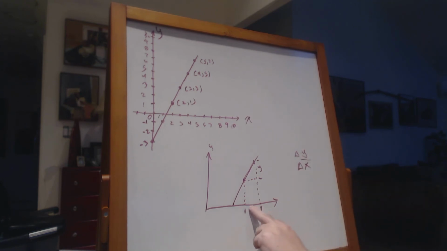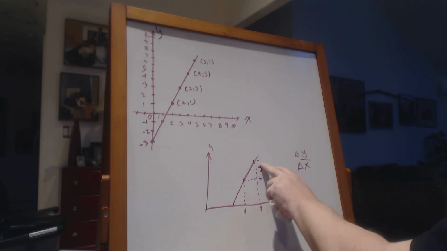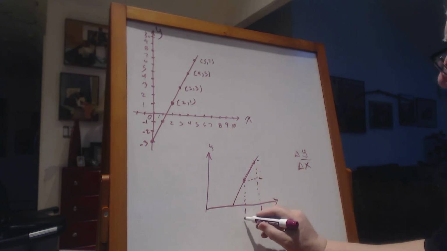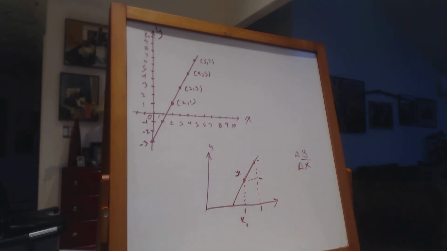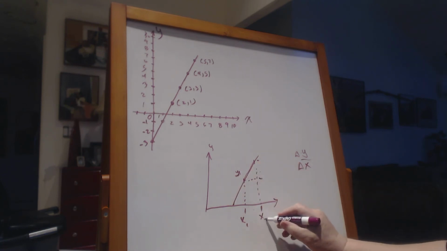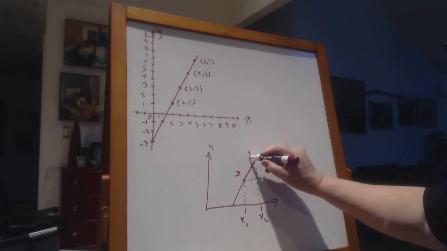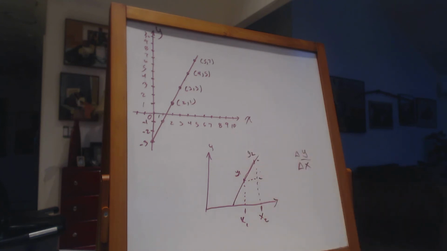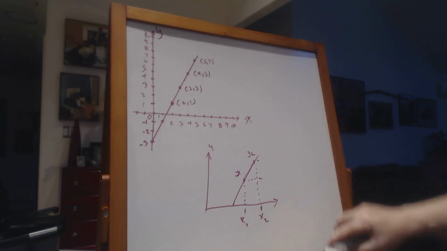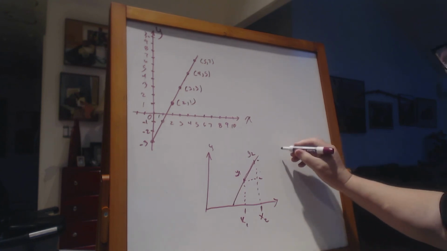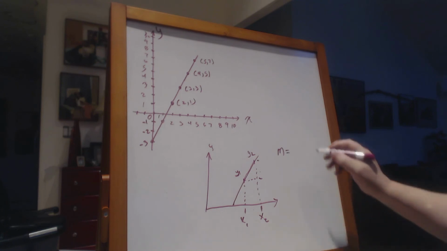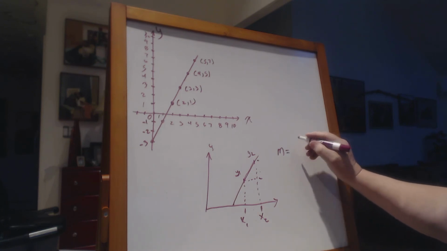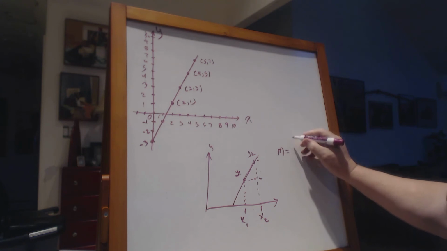So if we start at x1, we're going to be at y1. If we have x2, we're going to be at y2. So the slope, we're just going to call m, because it is a single number, is basically the change in y.